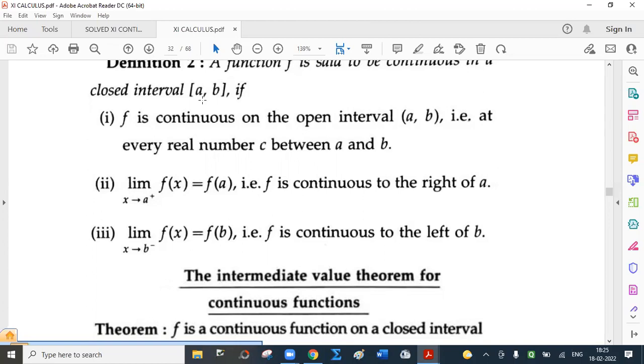So limit as x tends to a plus of f(x) must be equal to f(a). And the third condition, limit as x tends to b minus of f(x) must be f(b). That is, f should be continuous to the left of b. So if these three conditions are satisfied, then we say that the function is continuous in the closed interval.